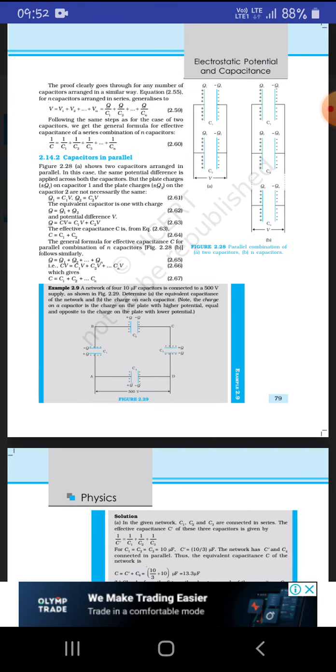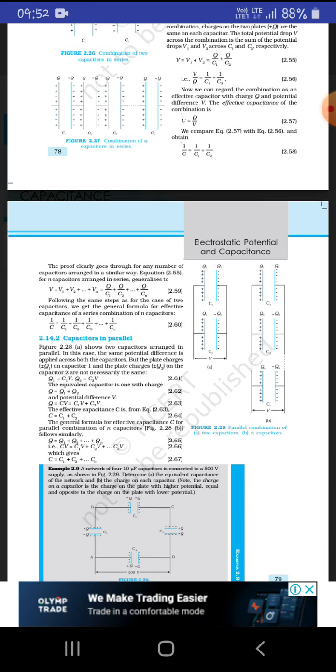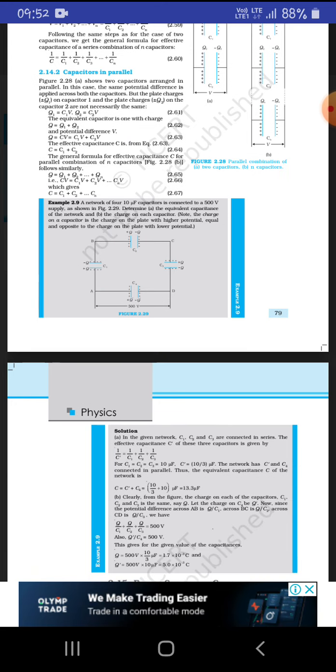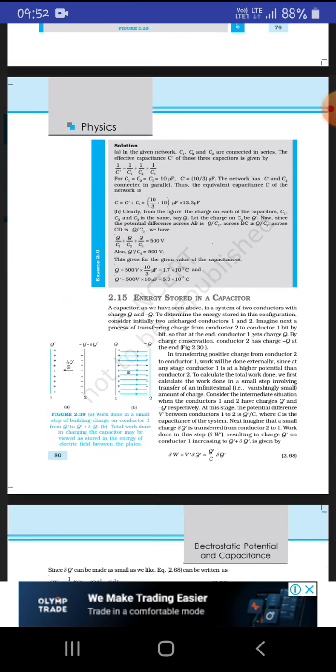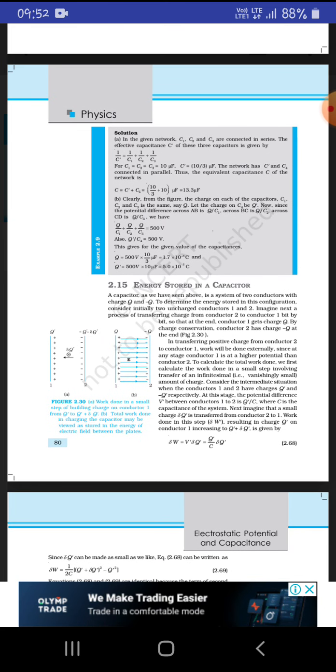Parallel means it will be like this; series means one after another. So we put the series formula and the given values and solved the question. Like that, you can search on the internet and get more questions on this topic, capacitors and capacitance.